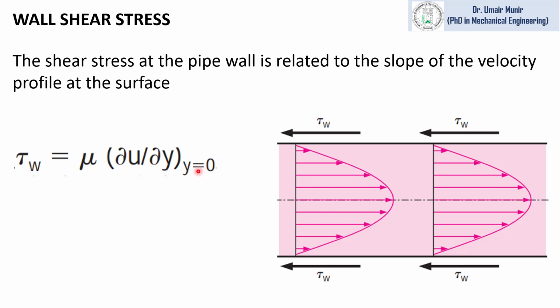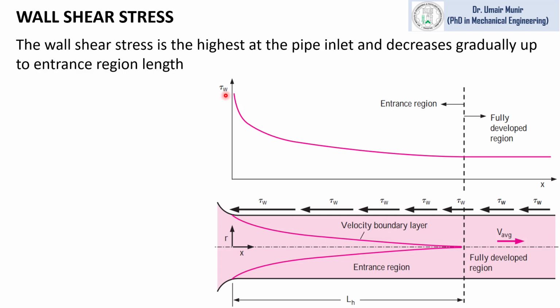That means this is the slope of velocity at the surface multiplied by this constant, which is mu viscosity. The wall shear stress is maximum at the pipe inlet and it decreases as the fluid moves forward in the pipe, but it becomes constant in the fully developed region.